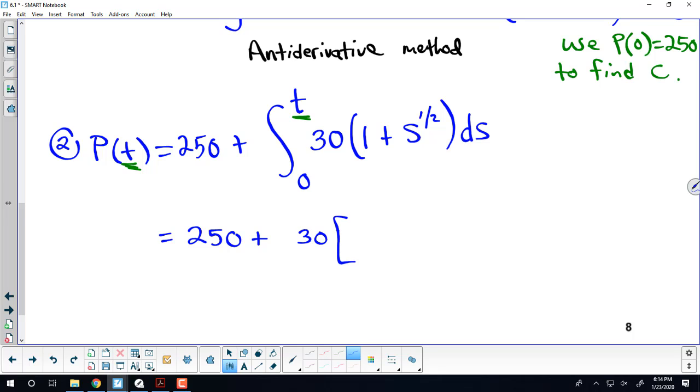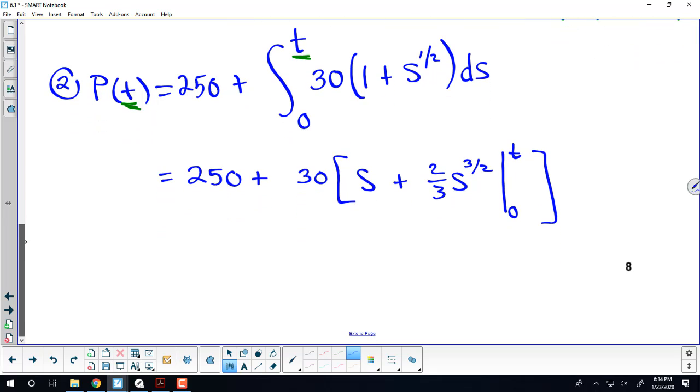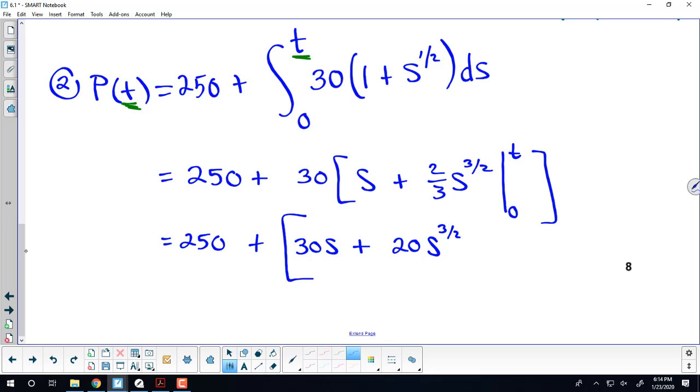So our antiderivative, this would be s, very similar to what we had above. And then go ahead and distribute the 30 so we can get rid of the 2/3. It really doesn't matter, however you prefer. And then this is evaluated from 0 to t.